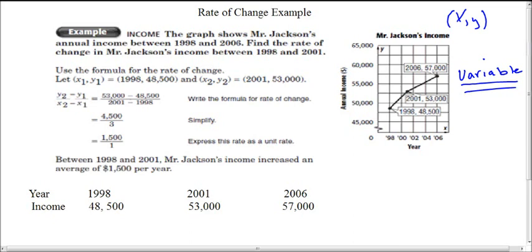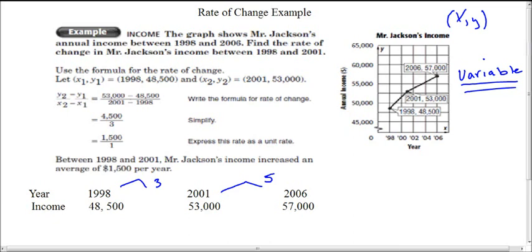I went on down and created a table for my graph, and now I want to look at the differences. If I subtract 1998 from 2001, I get 3, and if I subtract 2001 from 2006, I get 5.